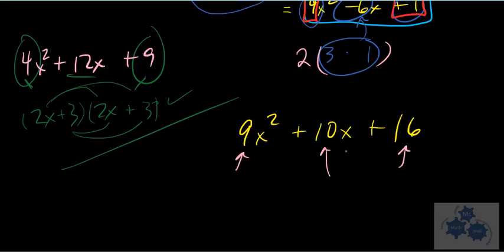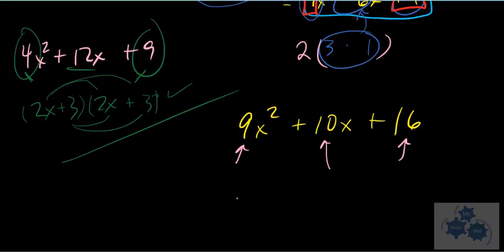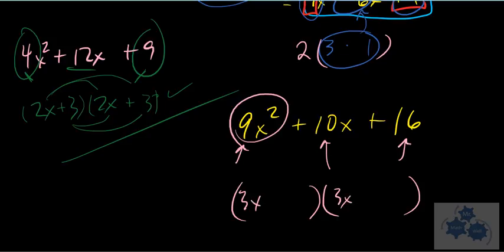Is this even? Yeah, okay, so right now it passes all of our tests so far. So let's just see. What you want to do is just go, hey, 3x and 3x. That's the square root of this term. 4 and 4. That's the square root of that term. This is positive, so that means that these both have to be negative to multiply to a positive, or they both have to be positive. This sum is positive, so let's try positive.